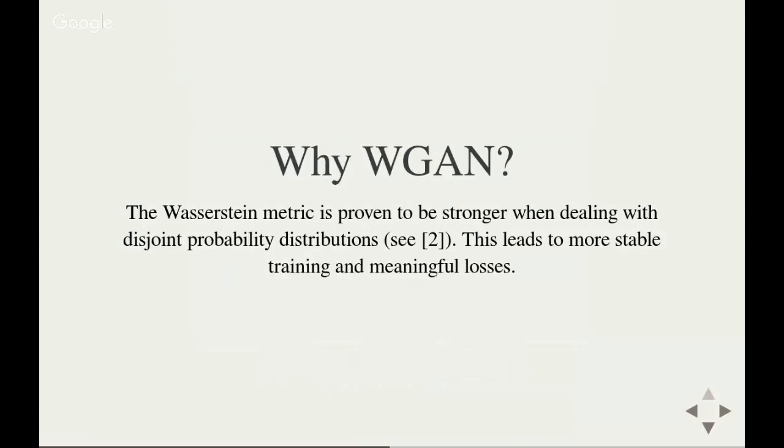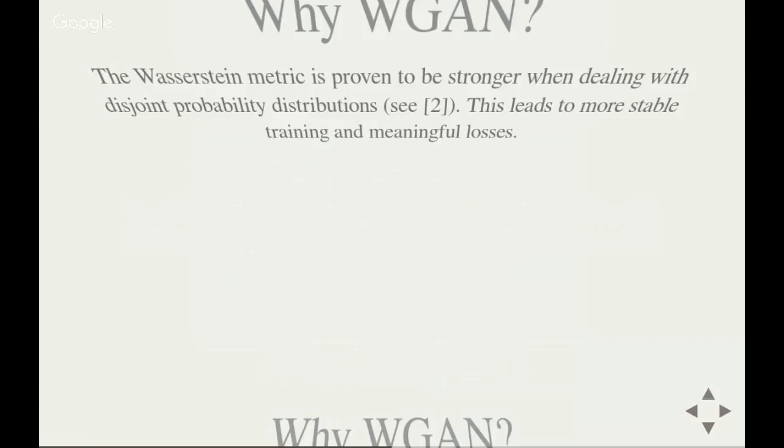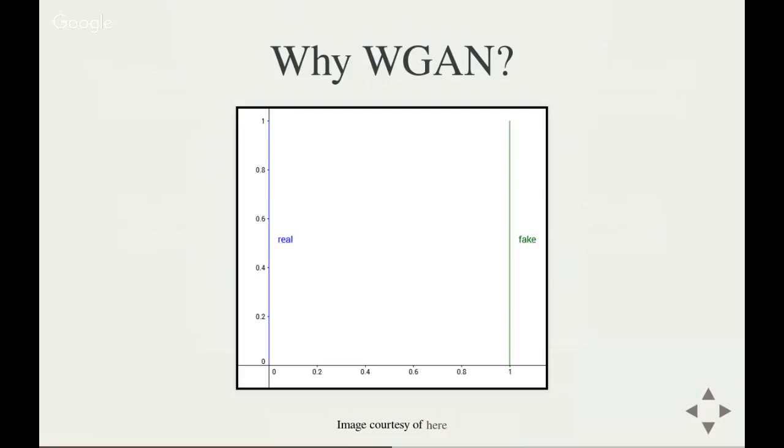So I've just talked about this, and this is the image that I was talking about. If our real data is random uniform between 0 and 1 on some value 0, and our fake data is currently at 1, they show that all of these other metrics actually say you should be updating by 0, which is obviously not what we want.